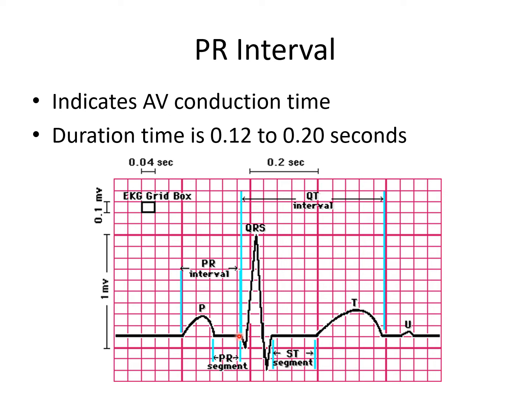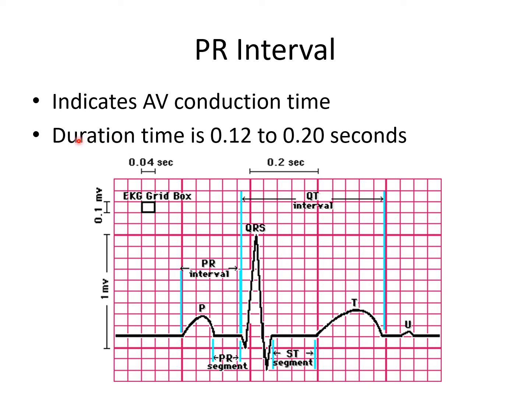This time lag allows atrial systole to occur, filling the ventricles before ventricular systole. Most of that delay occurs in the AV node. A prolonged PR interval corresponds to impaired atrioventricular conduction.